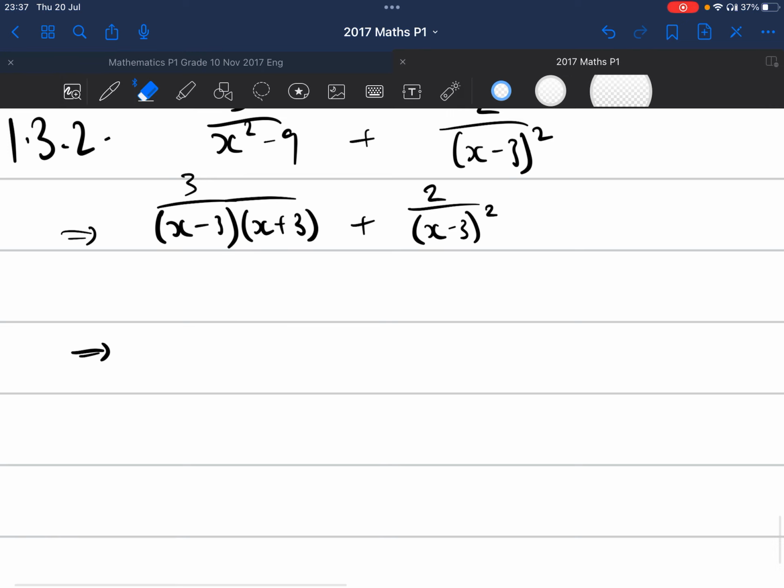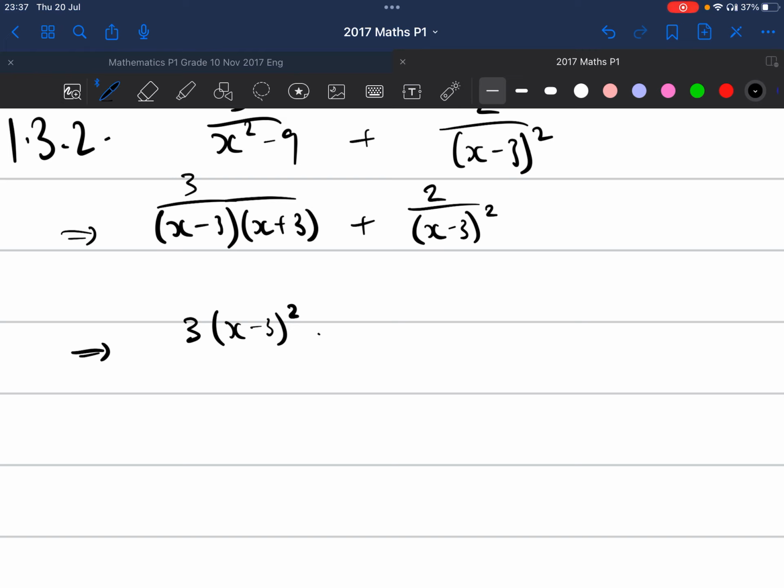We need to do some manipulation. The way to do this is you start with the first one: you start with 3 and multiply it by the other term's denominator. So here we'll have 3 times x minus 3 squared.